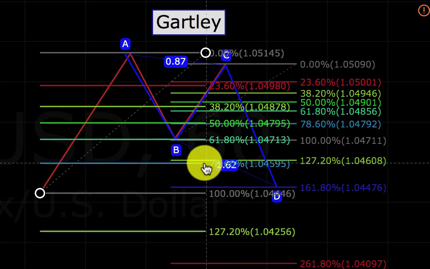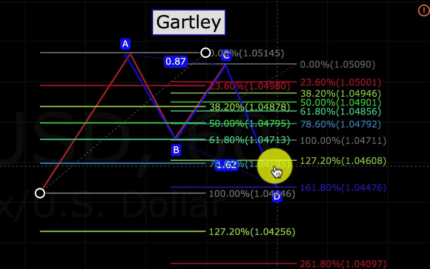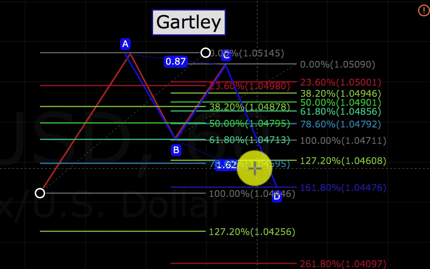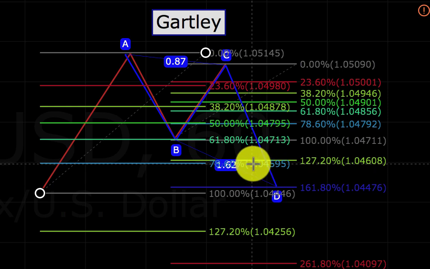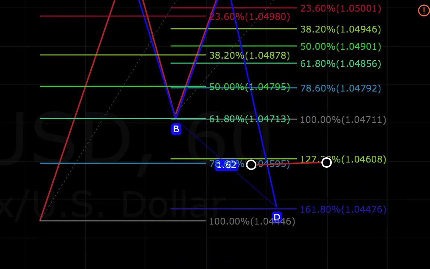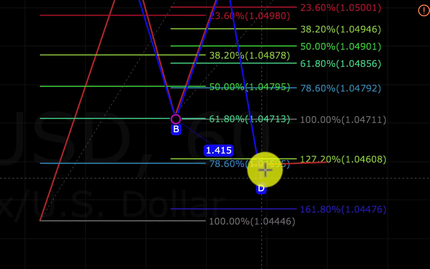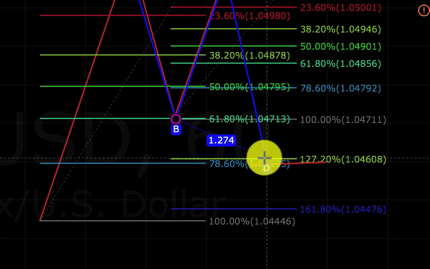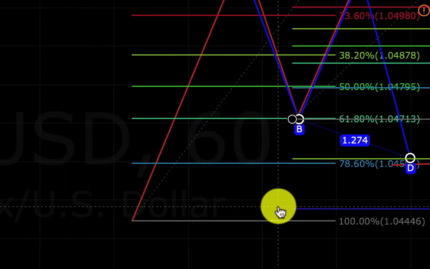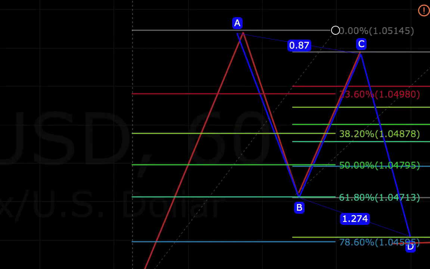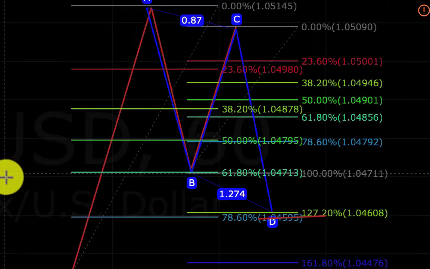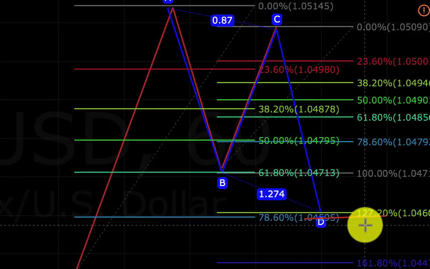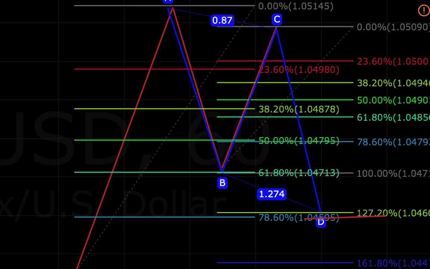It will be 78. There you go. So here, it's over here. It's quite tight. So of course, the ABCD pattern can also be at 127 to 161. So probably with this small measurement, it's a little bit tight for the Gartley pattern. But still it fits, no? It's still the correct measurement. So this is the Gartley.